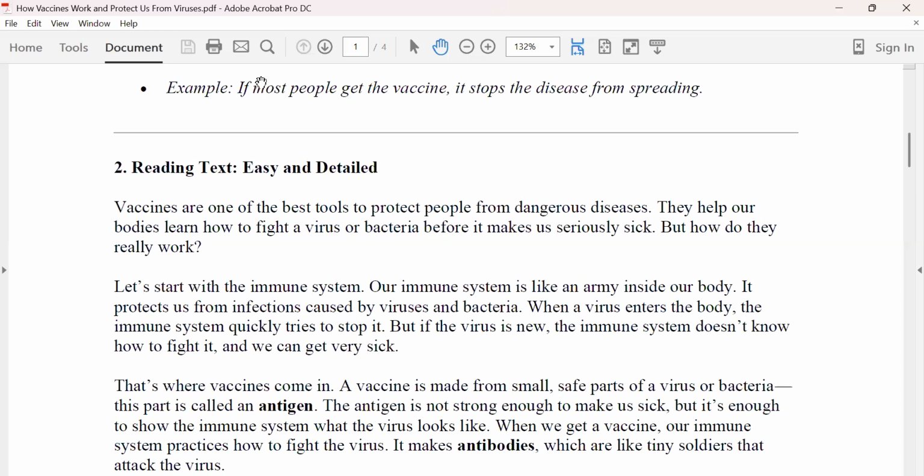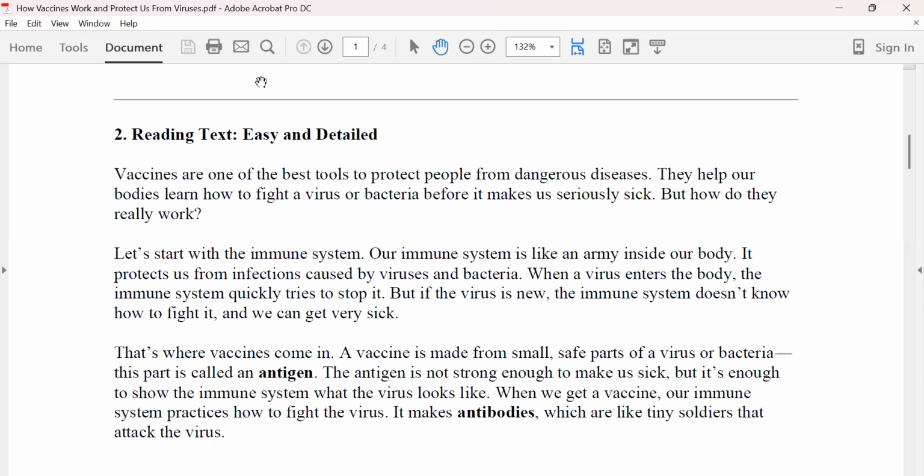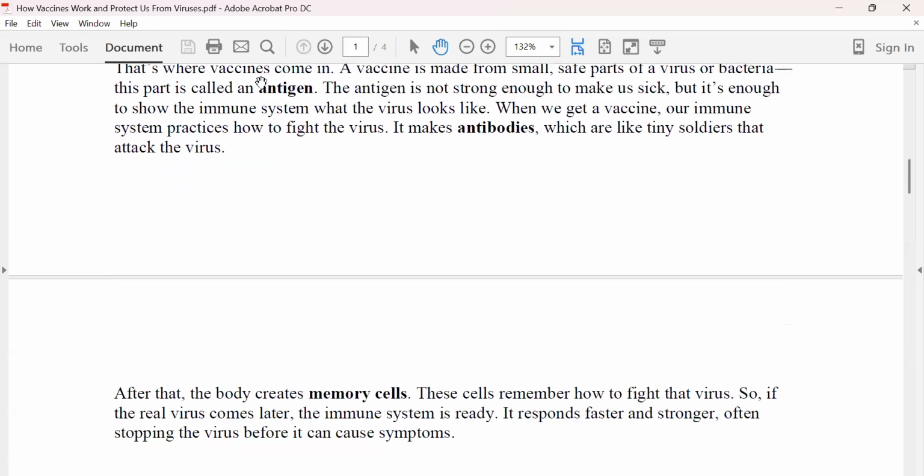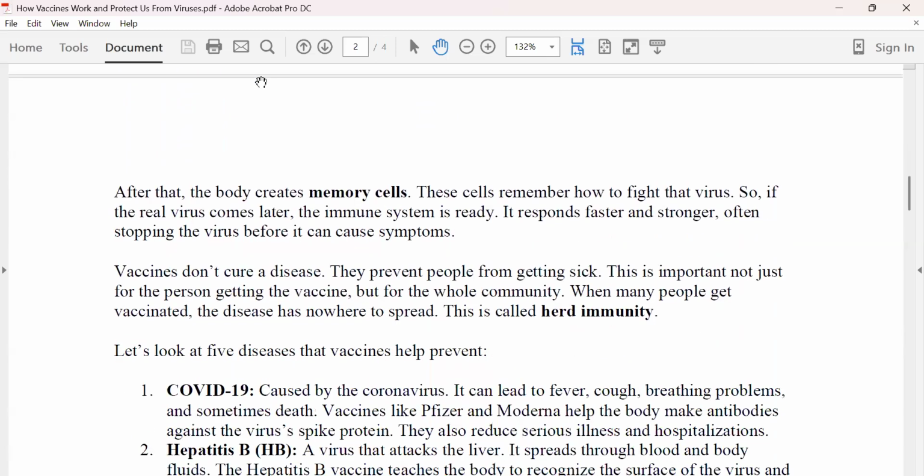This is called a memory cell that we just talked about. It means that this cell remembers how to fight that virus. So when the real virus comes, they know how to fight. The immune system is ready.